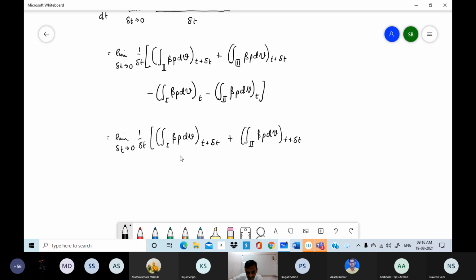So then this will be the value of B for the control volume at t plus delta t minus, but then in order to get this expression, I must now subtract for region 1 and add for region 3.